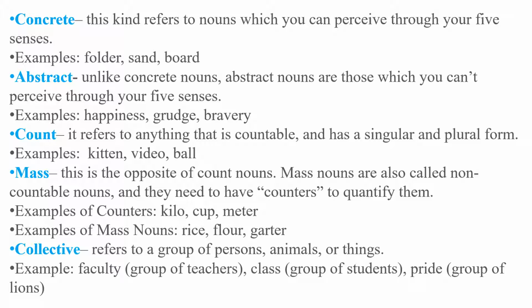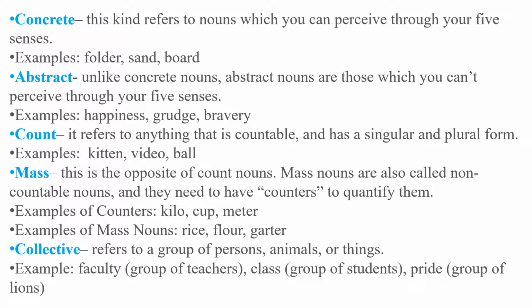Next is count noun. It refers to anything that is countable and has a singular or plural form. For example, kitten, video, ball. These are examples of count nouns which can be counted. Mass noun is the opposite of count noun. Mass nouns are also called non-countable nouns, and they need counters to qualify them.